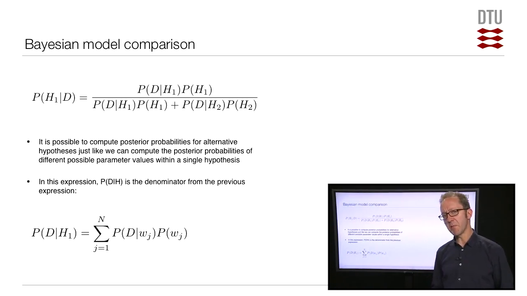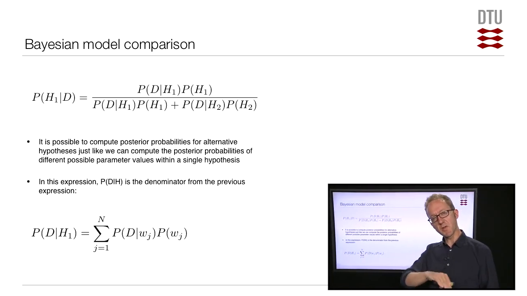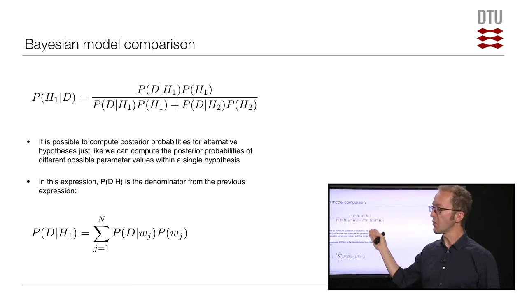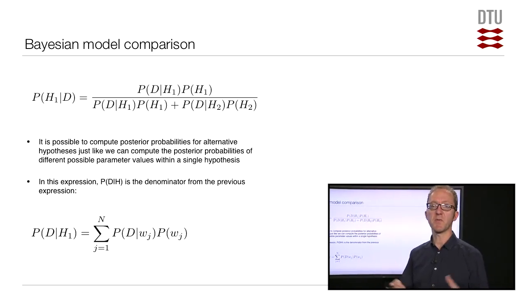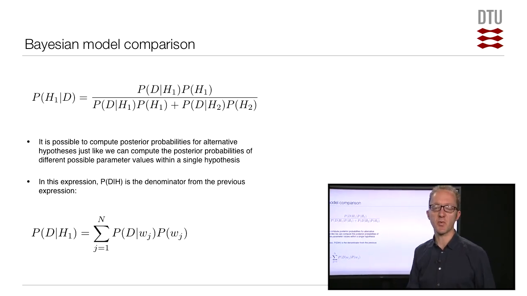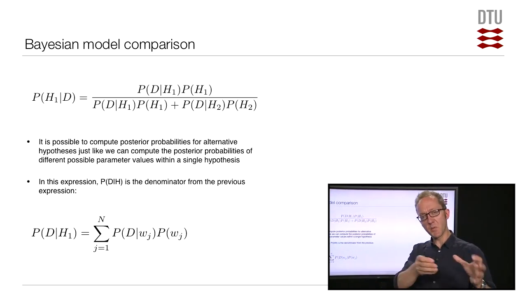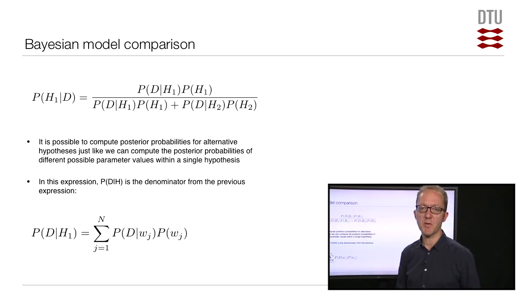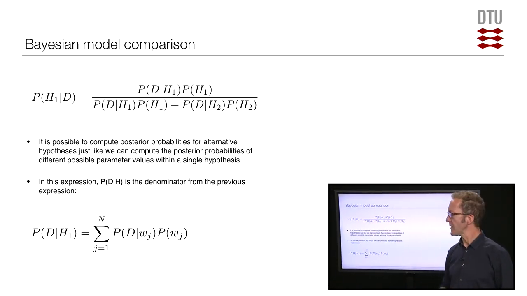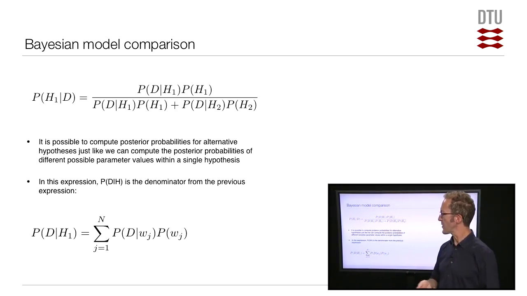Briefly, I should mention that just as we can find, for instance, posterior probability distributions over possible parameter values within a model, we can also use Bayes' theorem to compare different models. So you can have two completely different models and then compute so-called model probabilities, which tell you which of two different hypotheses to believe more in. The equation for doing that, as I've indicated on the top here, is just a simple use of Bayes' theorem.